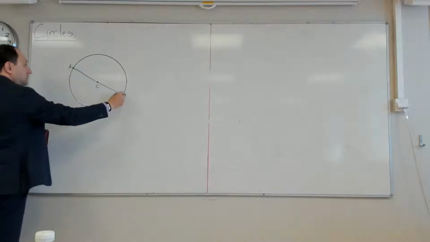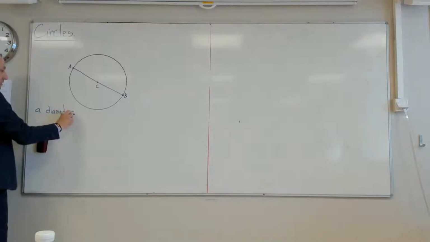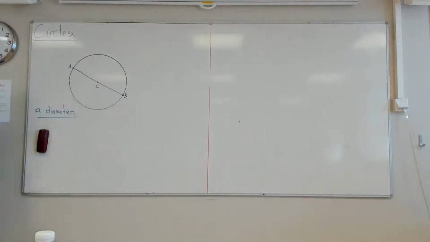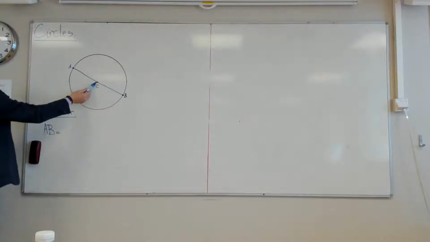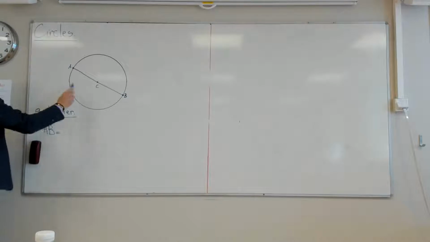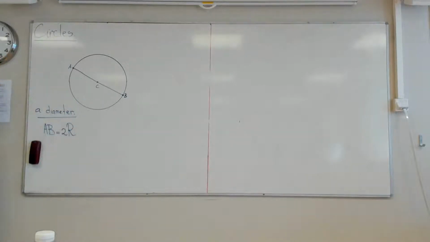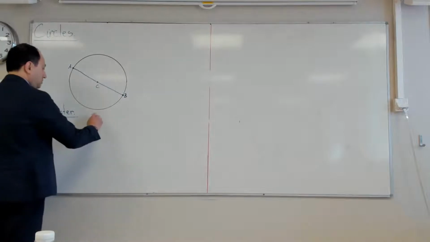This line segment is called a diameter of the circle. Yes? And if I ask you what is the length of this diameter, it's clear. From A to C is one radius, from C to B is another radius. So if the length of the radius is denoted by R, the length of each diameter is 2 times R. Yes? Very simple.